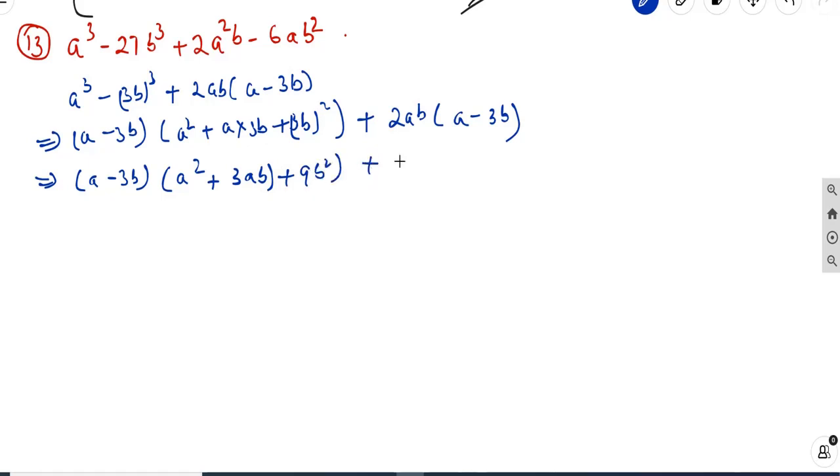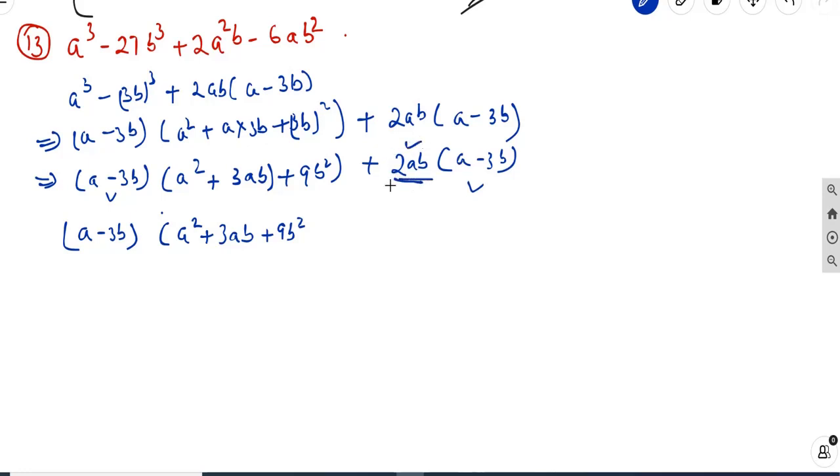Now can we take anything common here? Yes, we can take common a minus 3b. So if I take common, it is a square plus 3ab plus 9b square, plus, what is left, plus 2ab.